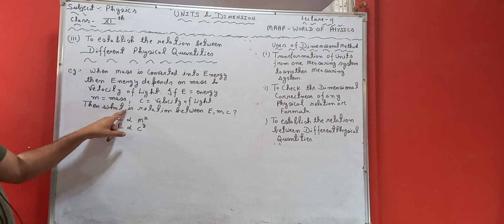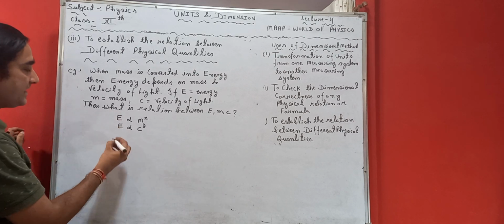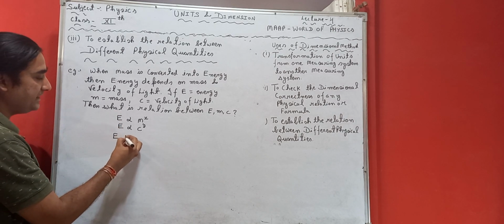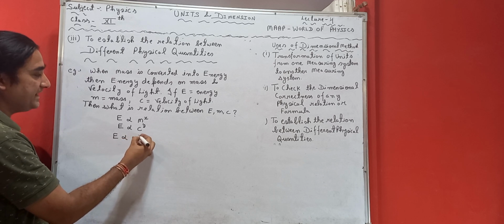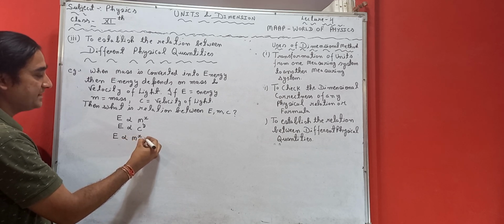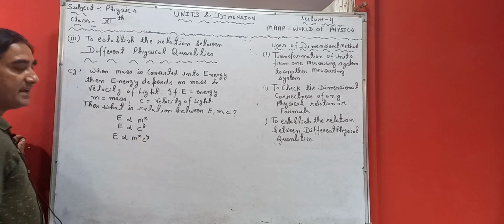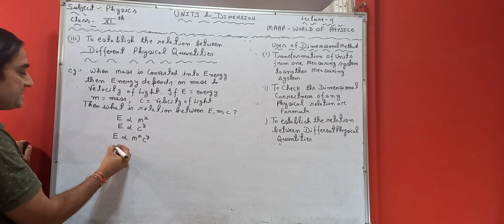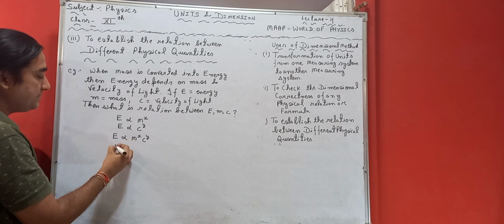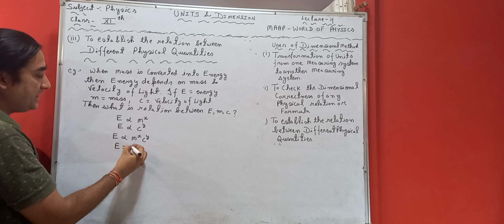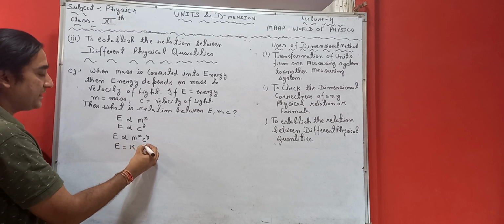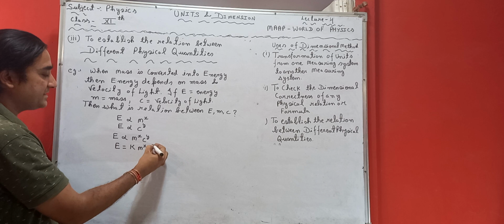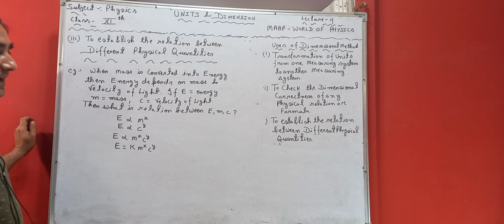If I compile these two, I can write E is proportional to m^x, c^y. When the proportionality sign is removed, there is some constant k: E = k m^x c^y.